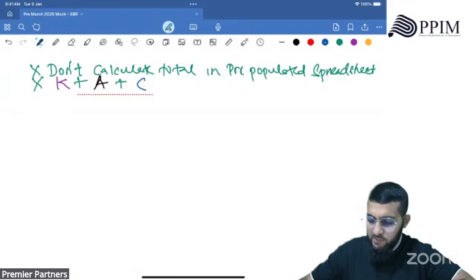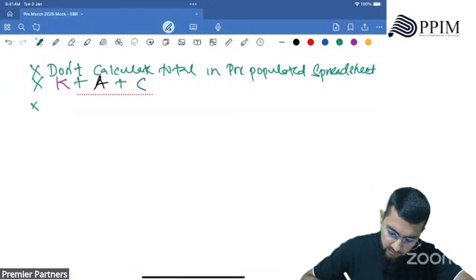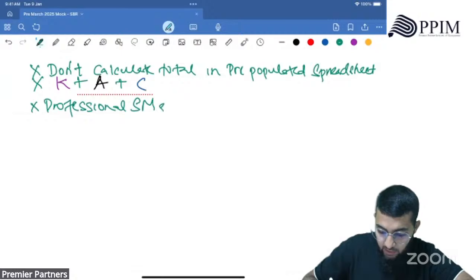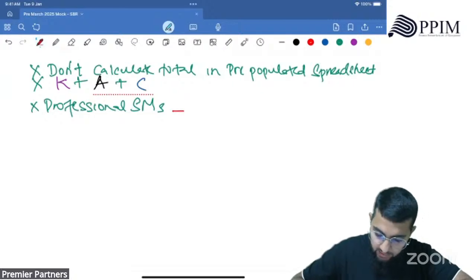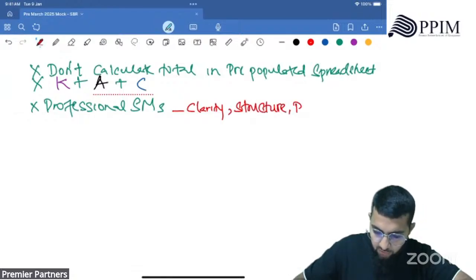Use a KAC approach. When there are professional skills marks, you have to ensure clarity, structure, and relevance.